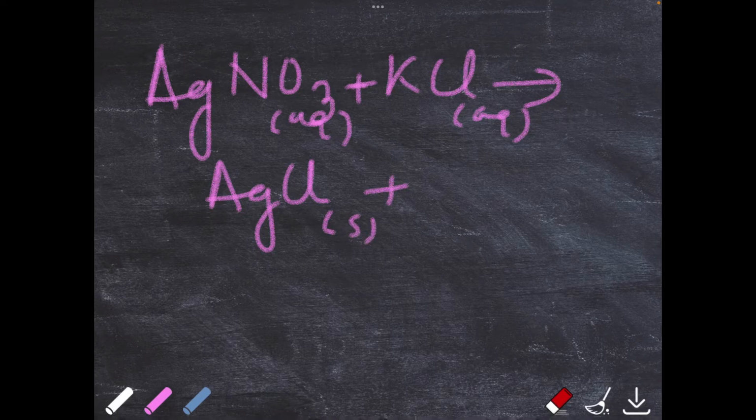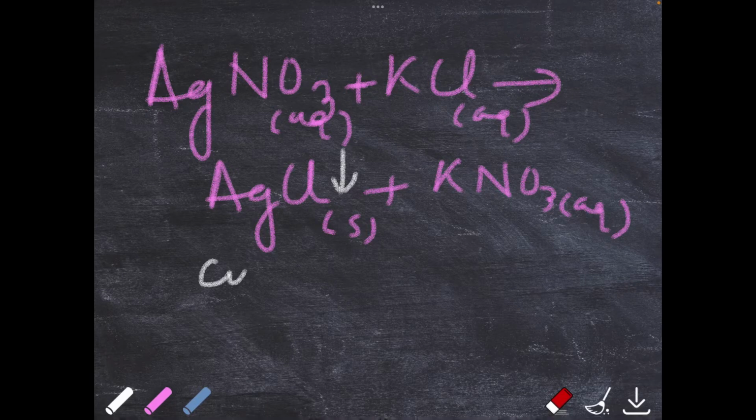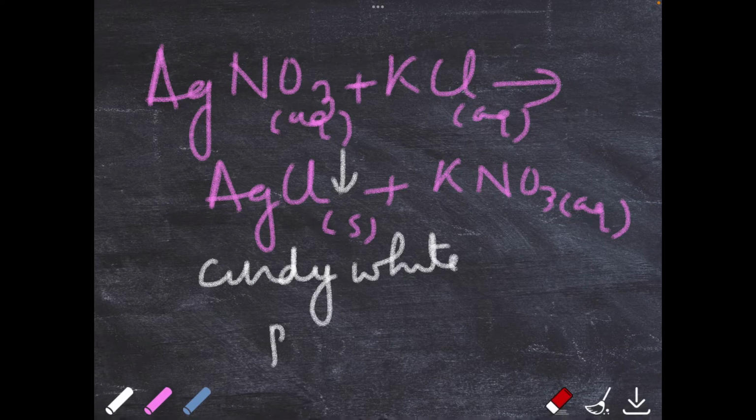Solid, plus potassium nitrate, aqueous. So in this aqueous solution, this is a solid. Silver chloride is solid, and we represent a precipitate, as I said, by a downward pointing arrow. This is a curdy white precipitate. So again, this is a precipitation reaction, and this indicates that a chemical reaction has taken place.